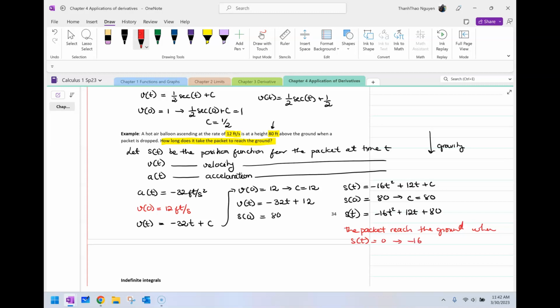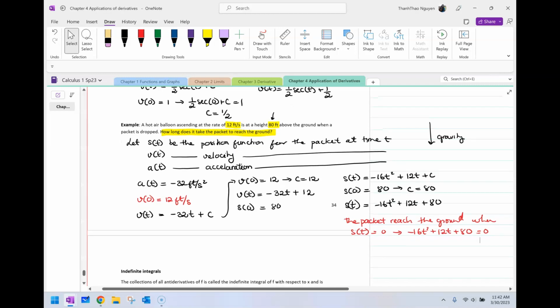This means negative 16t squared plus 12t plus 80 equals 0, right? So we can solve that function to find out when the packet hits the ground. We can use the quadratic formula. It's telling us the packet reaches the ground when t equals 2.64 seconds.